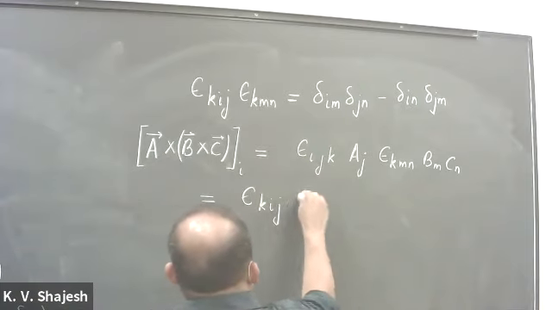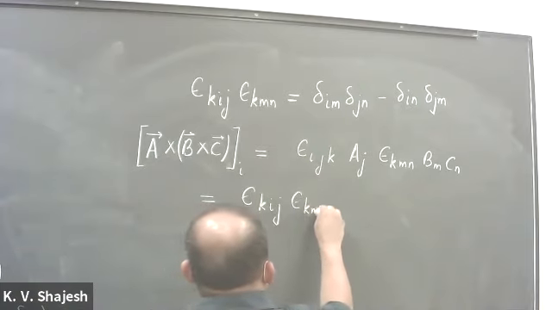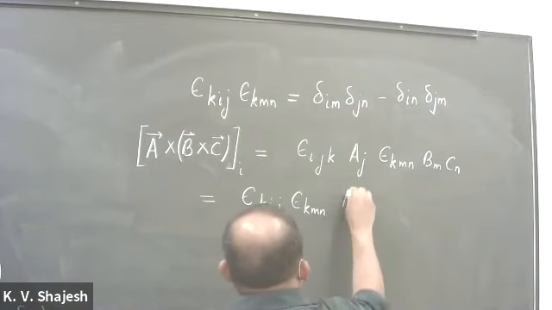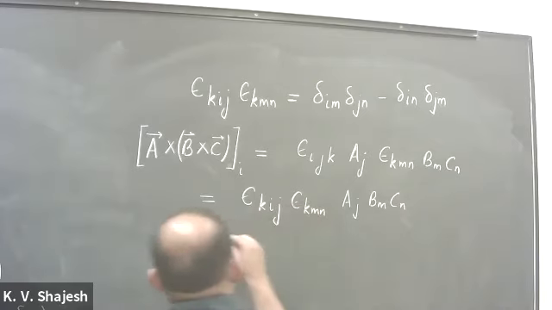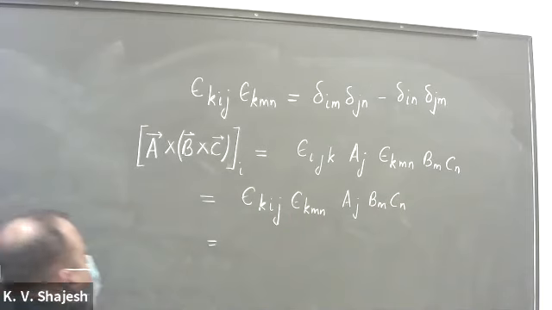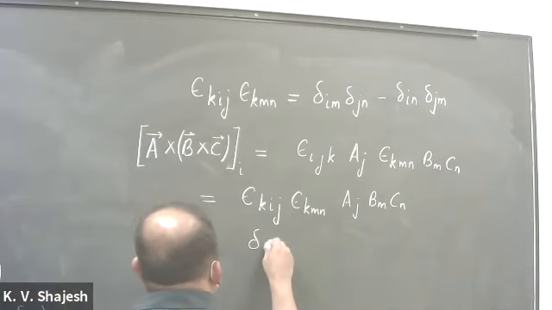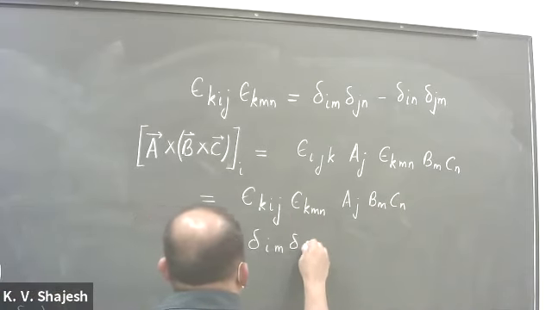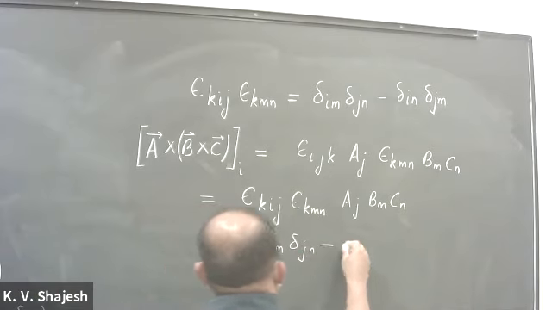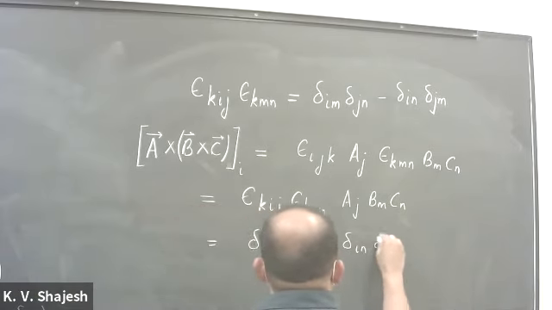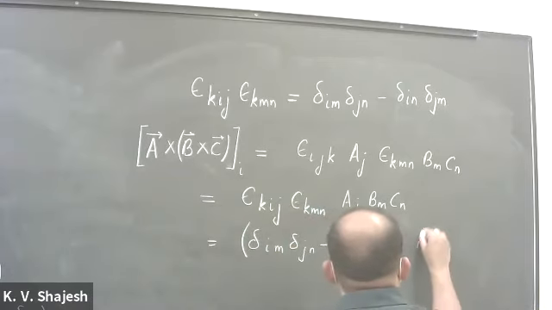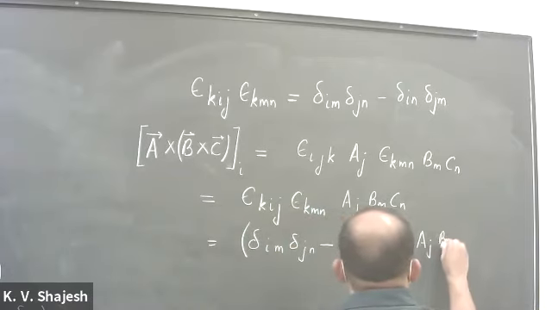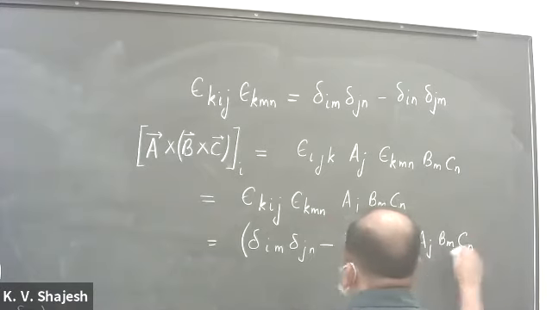So it's epsilon KIJ, epsilon KMN times A_J B_M C_N. Use the identity we just now have on top. So that's equal to delta IM delta JN minus delta IN delta JM times A_J B_M C_N.